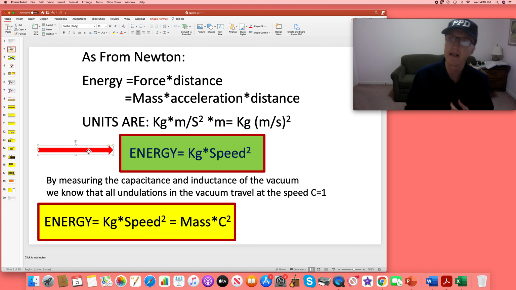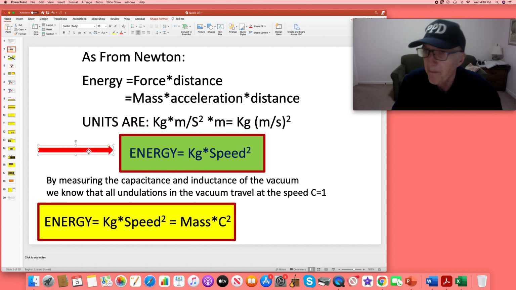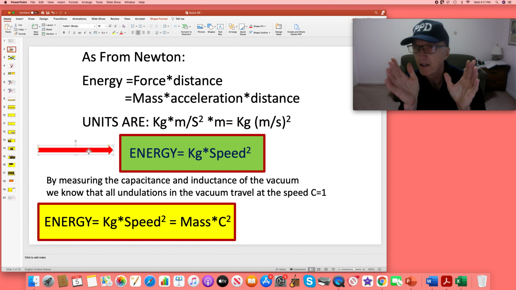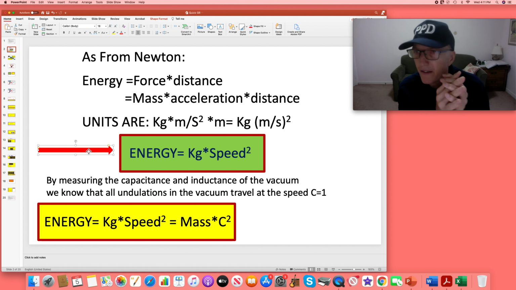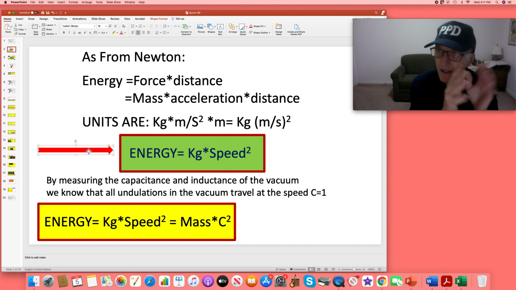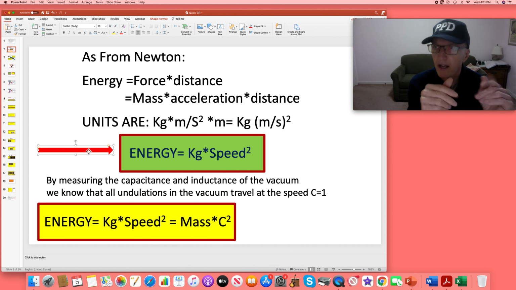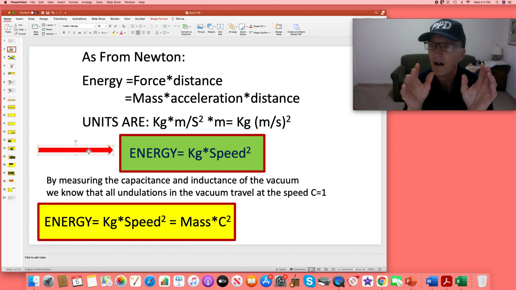Now in General Relativity number 1 and 2, we measured the inductance. I first of all designed an apparatus to measure the inductance and the capacitance of the vacuum.